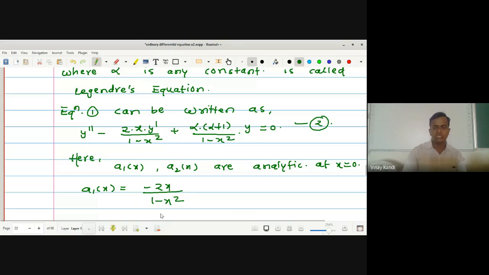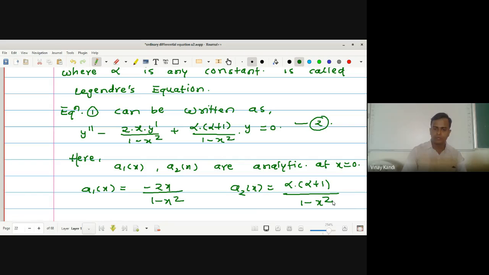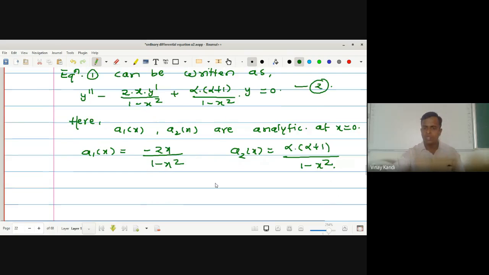So this function is analytic at x is equal to 0. This is an infinite time differentiable function at x is equal to 0. And a2 of x is what? Alpha into alpha plus 1 upon 1 minus x square. So these a1 and a2 of x are analytic functions.